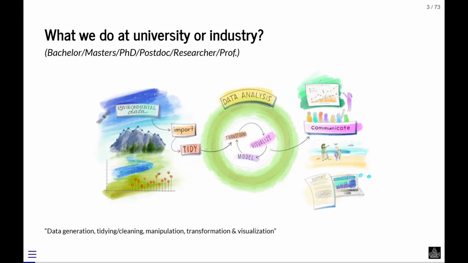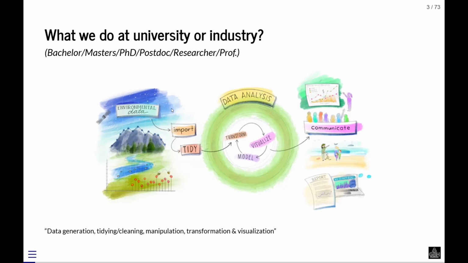So if I say in the very left, there is environmental data, either you collect from the air or from the mountain or from the river, or maybe it is not environmental data, it is lab-generated data, either in a molecular biology lab or in the hospital or somewhere else. So data come in so many formats.